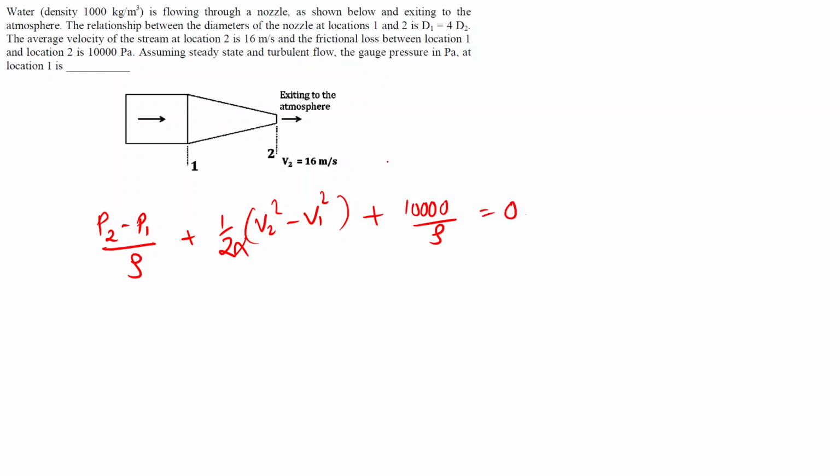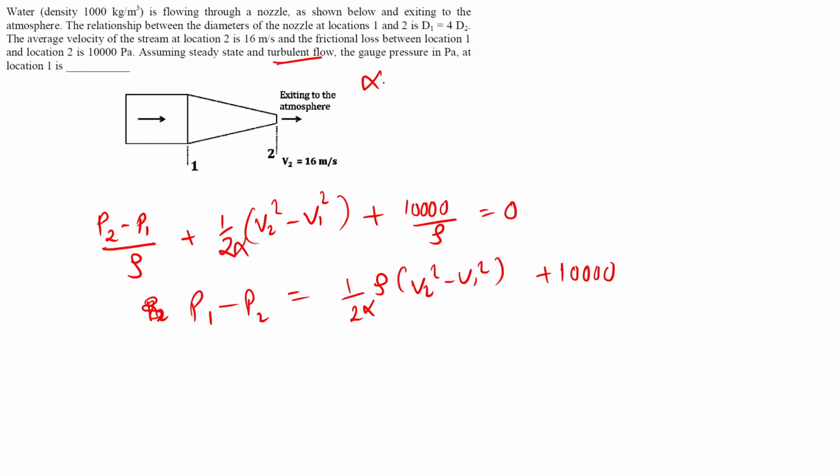Now we can replace all the values over here. We haven't been given anything about P2 separately, so we can write this as P1 minus P2 is equal to 1 upon 2 alpha rho (V2 square minus V1 square) plus 1000. Since we have been given turbulent flow, that implies alpha will be 1.